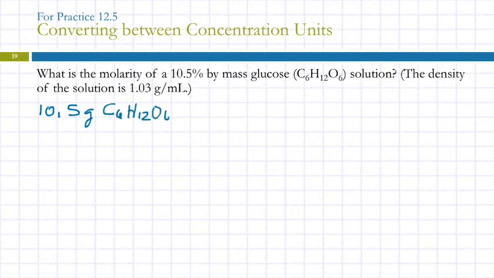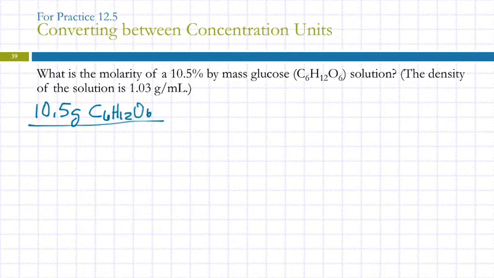This is glucose instead of sucrose. Oh, fine, whatever. I'll just start over. 10.5 grams of glucose per 100 grams of the solution. That's what 10.5% by mass means.